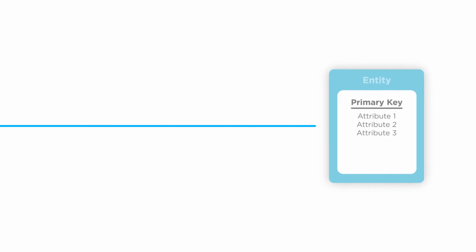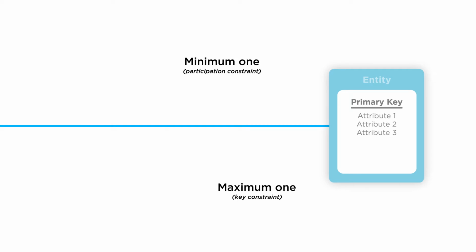For example, when we have a relationship with mandatory participation, which means minimum 1, and with maximum cardinality or key constraint of 1, then this symbol is being used to specify the cardinality constraint for that relationship. If you take a look at the symbol, you'll see that it combines two 1 elements, one for the minimum of 1, which means mandatory participation constraint, and another one representing the maximum cardinality of 1, the key constraint.